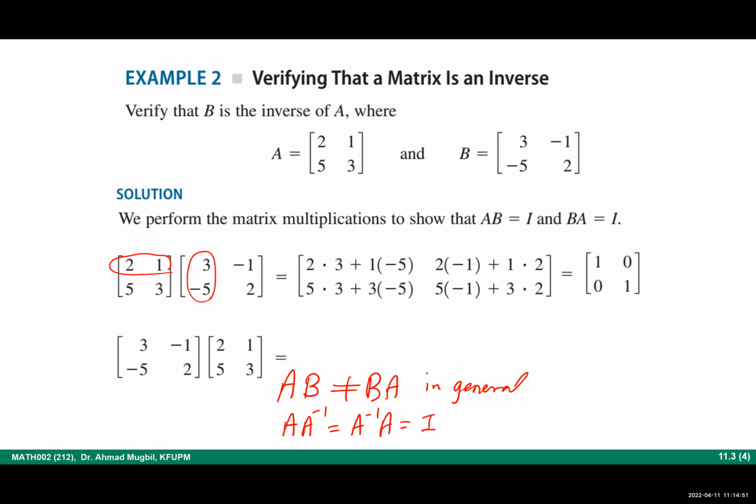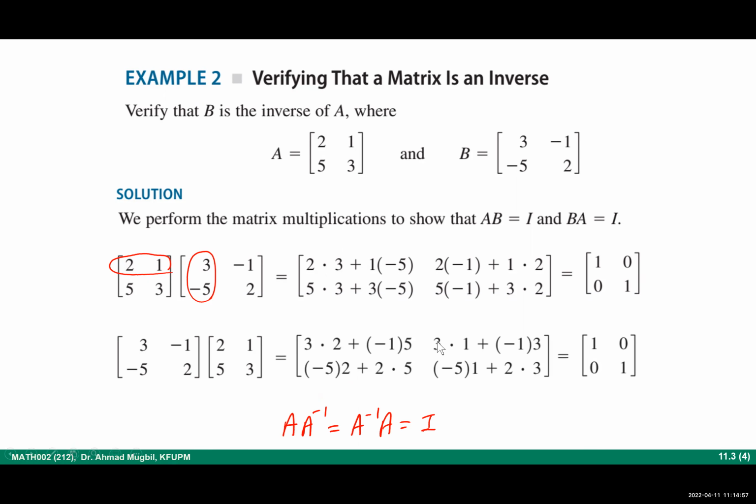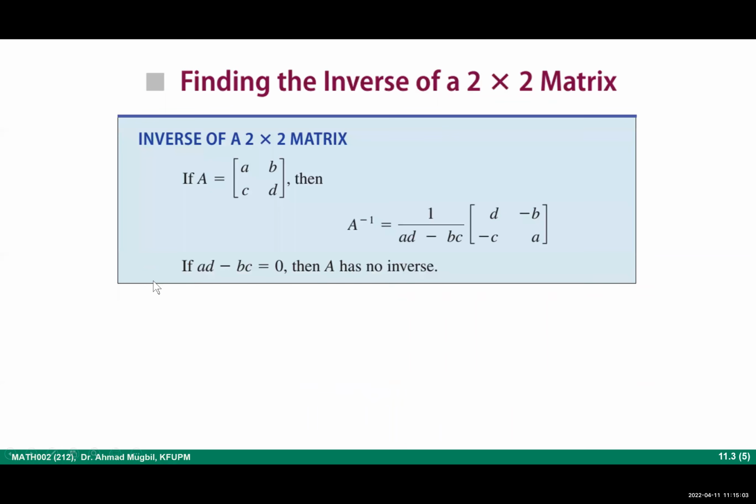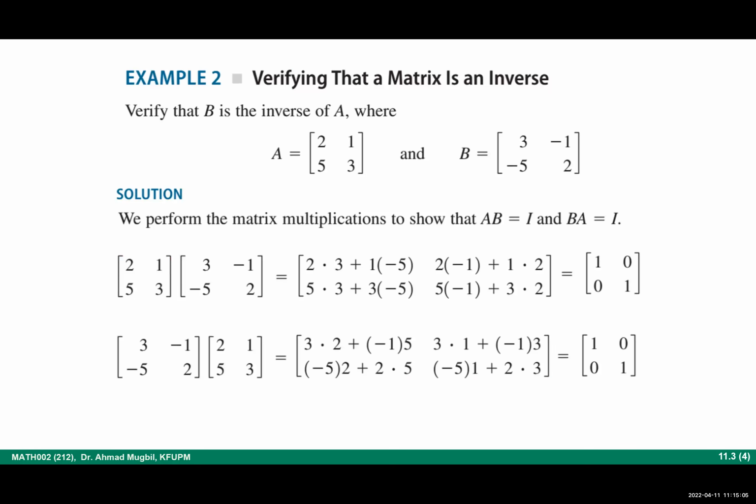This is why you also need to verify that the product of them equals the identity matrix if you change the order of these two matrices. If you have two matrices, you can know whether they are inverses of each other or not. If the product is not the identity matrix, then they are not inverses.